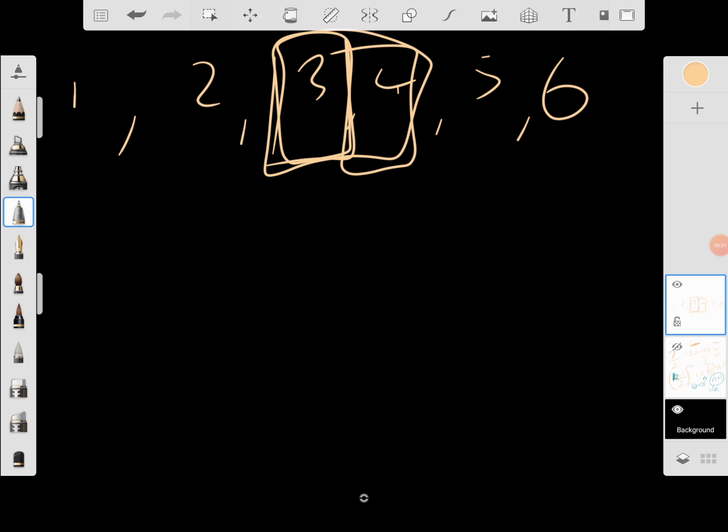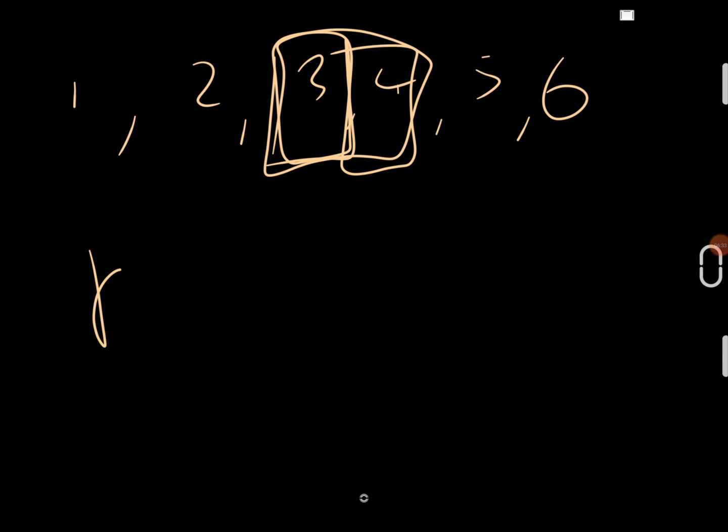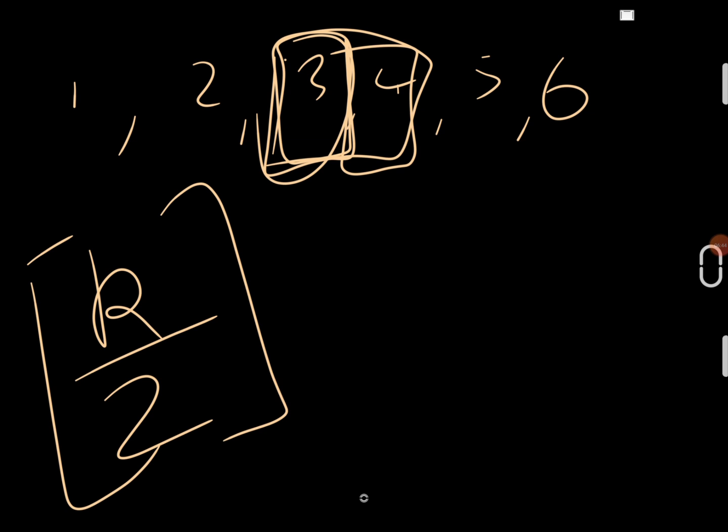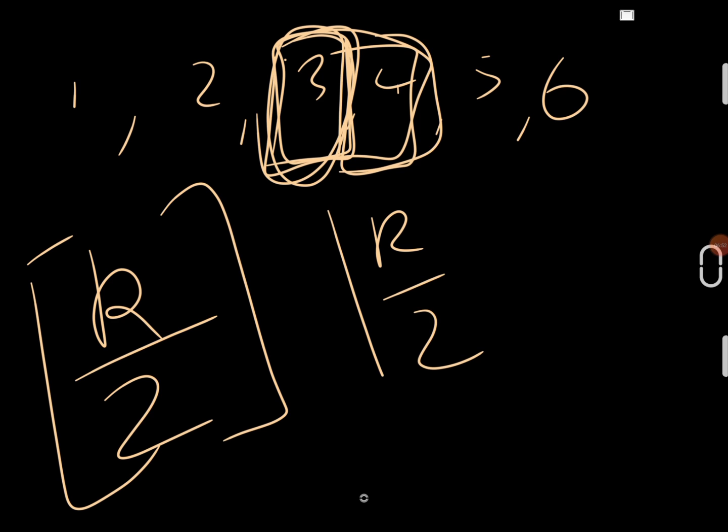We need to find a general formula. Considering k as the total number of terms, just do k by 2. You get 3, for example 6 by 2 gives 3. So k by 2 gives you one of the middle terms. The other middle term is the next term, so k by 2 plus 1.